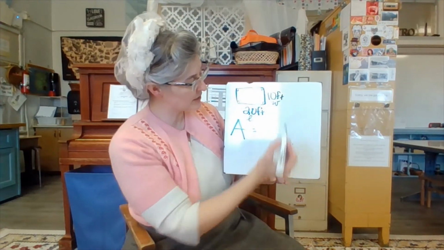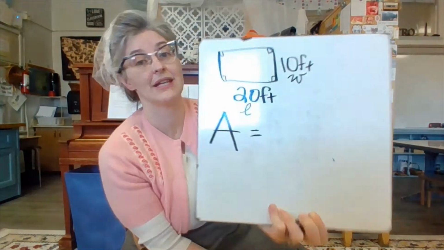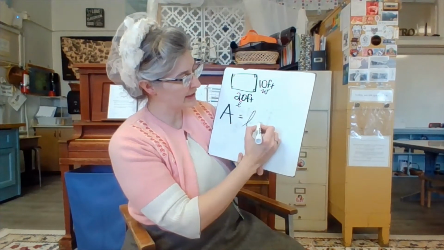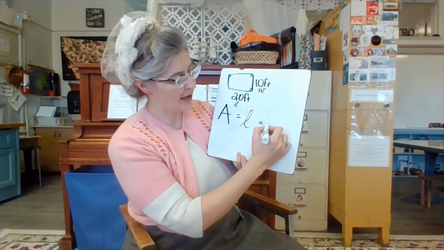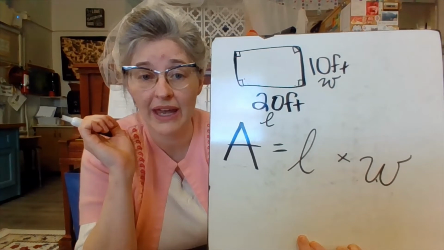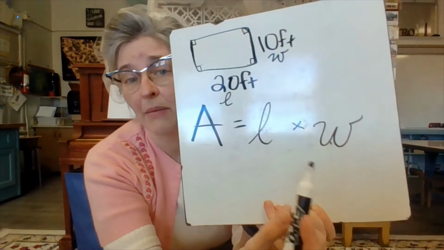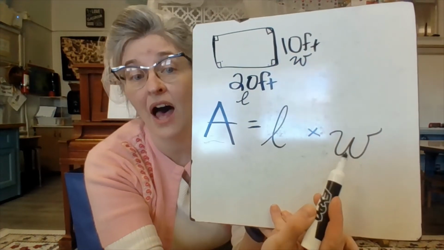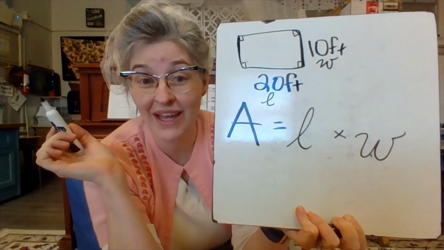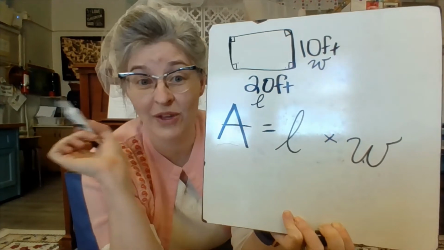So one of the ways to write this is with a fancy schmancy formula. A equals length times width. And yes, I am using the lowercase cursive letters for this because these mean an unknown. Now in this case I say, hey, I know what the length is and I know what the width is.